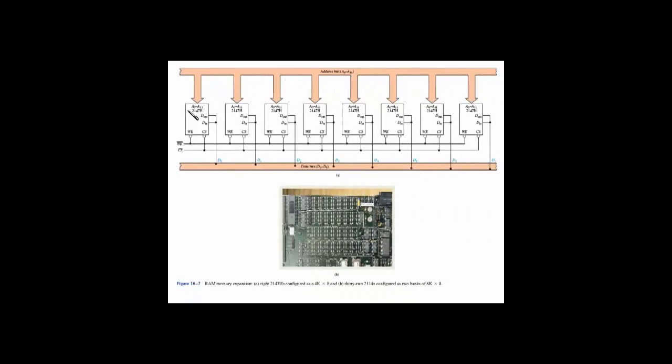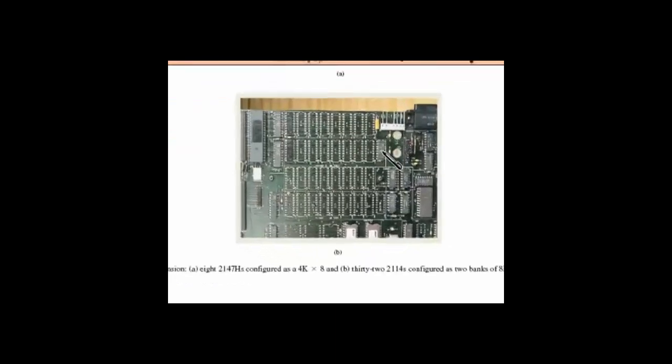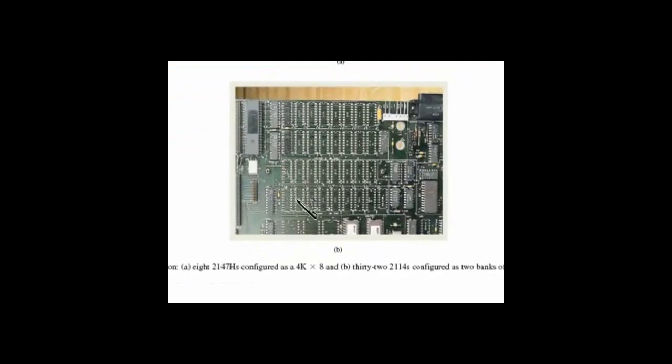So they're all active. The one cell in each one of these is active at the same time, so it dumps a whole byte down onto the data bus. When you look at circuit boards, you'll see them populated with many single bit RAM chips to make up a full byte.